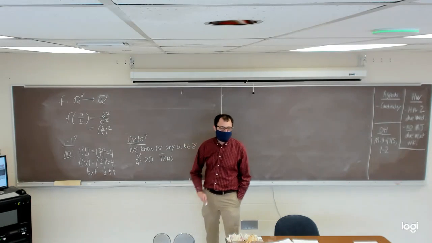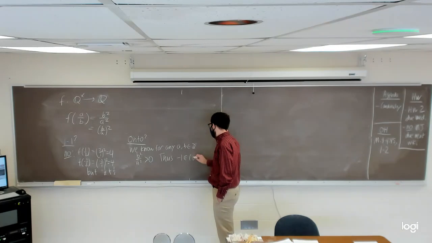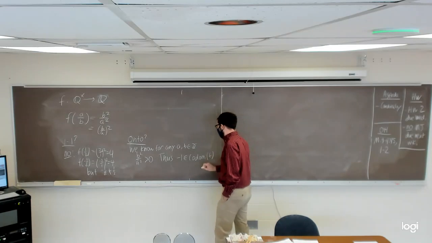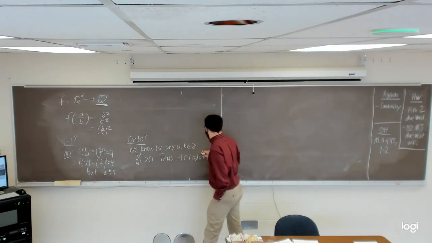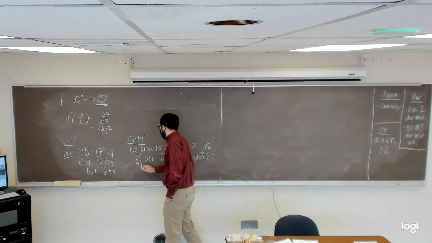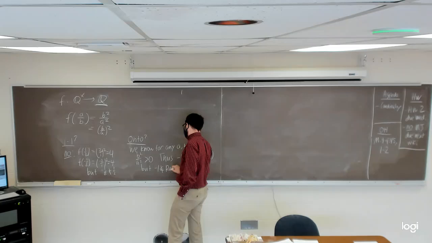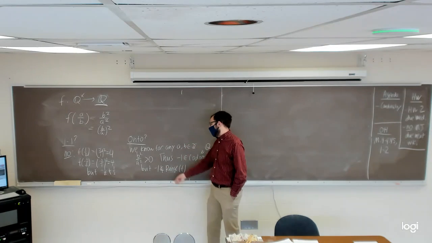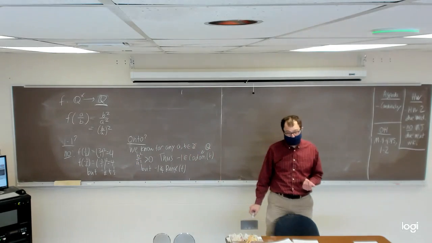Asking the tough questions here. We could say that -1 is certainly going to be in the codomain of our function, because our codomain here is just Q. But -1 will not be in the range of our function.